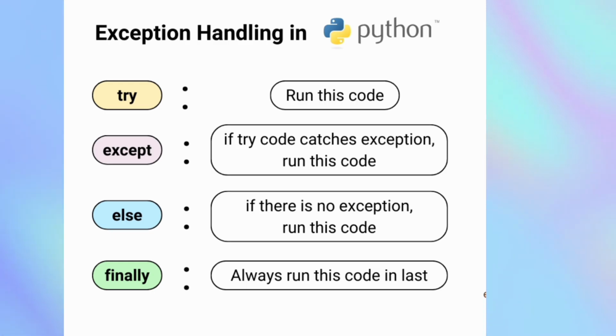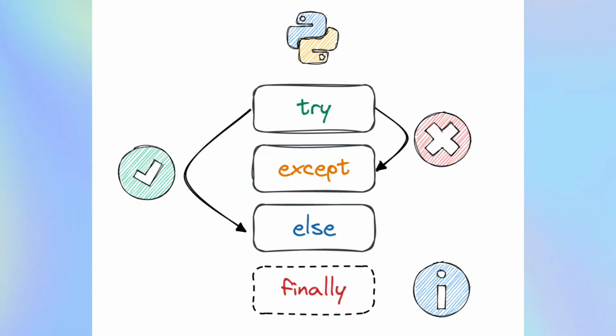Exception handling: Python tries to run this code; except catches the exception and runs this code; else, if there is no exception, run this code; finally, always run this code in the end. This is another diagrammatic representation, as you wish. Both diagrams are the same; you can write or draw any one.